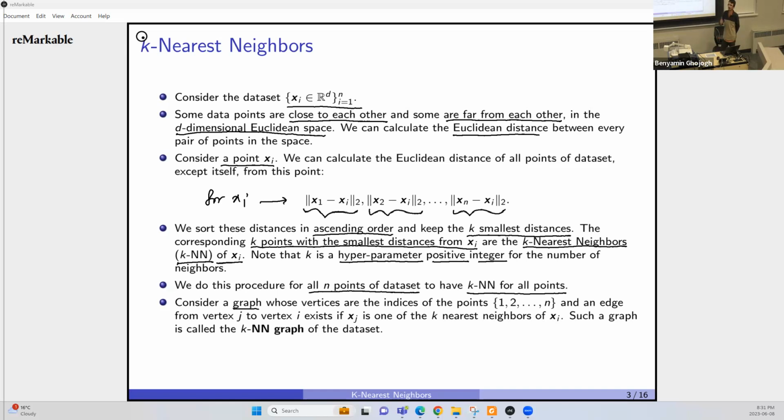Another famous graph is the mesh graph, or mesh grid. Mesh graph is like this. In 1D, it's like this. In 2D, it's like this. Okay.